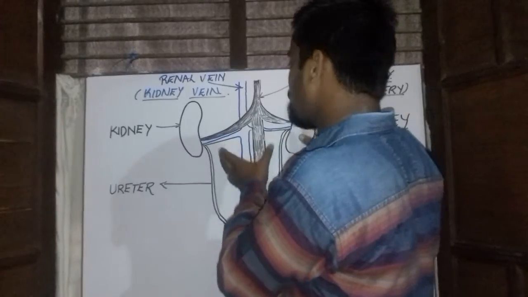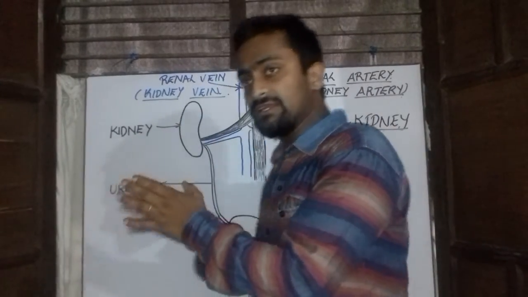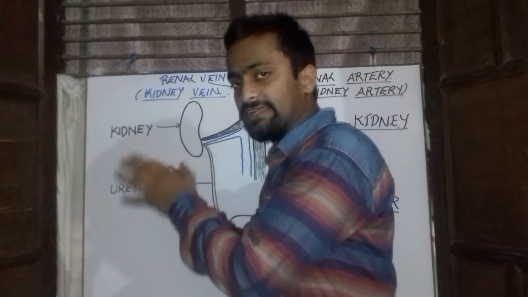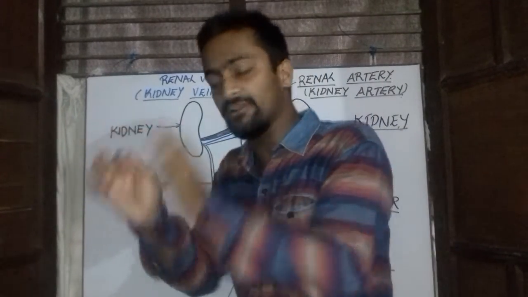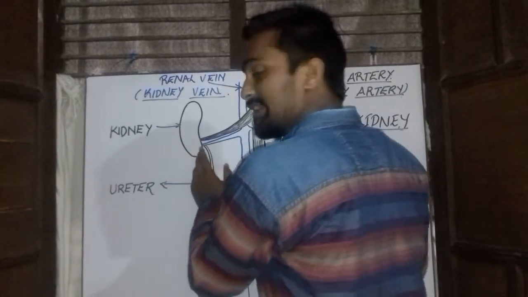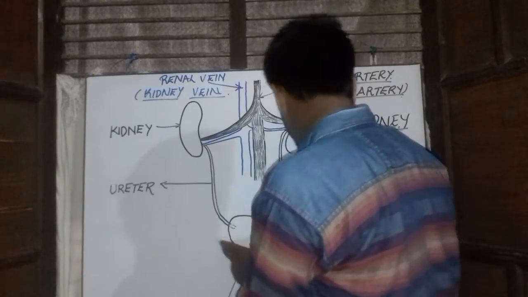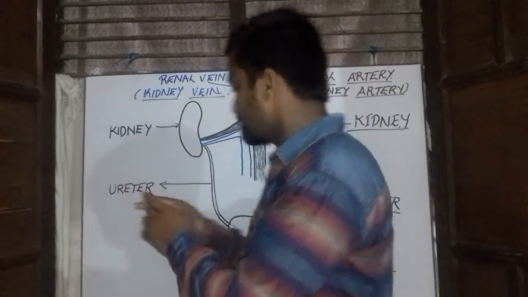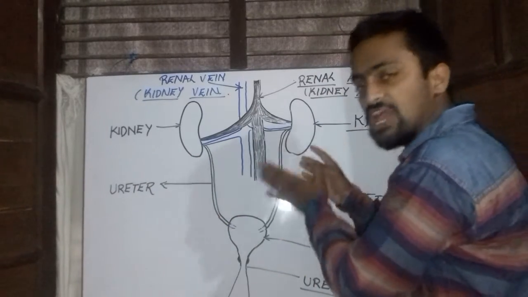Once the blood is filtered and the waste materials are separated out, our kidney excretes the waste in the form of a yellowish liquid called urine. This urine is collected from the kidney and transported to the bladder with the help of the tube-like structures called ureters.